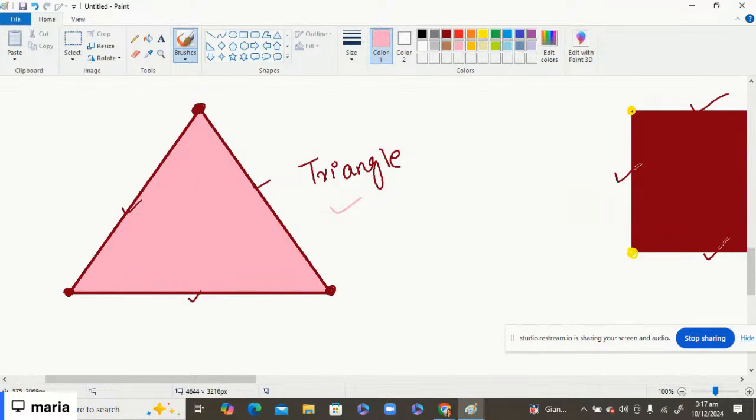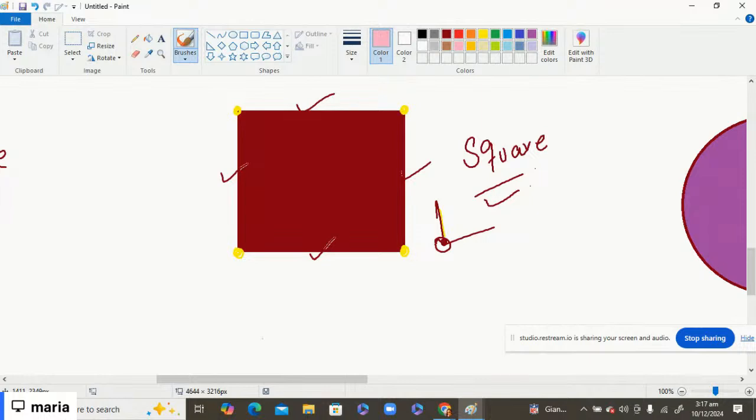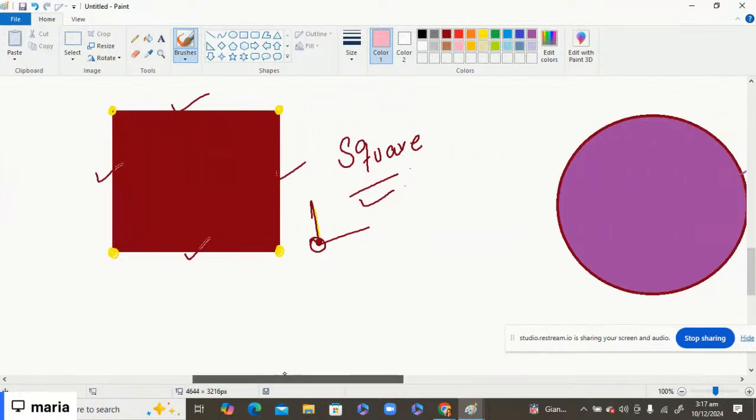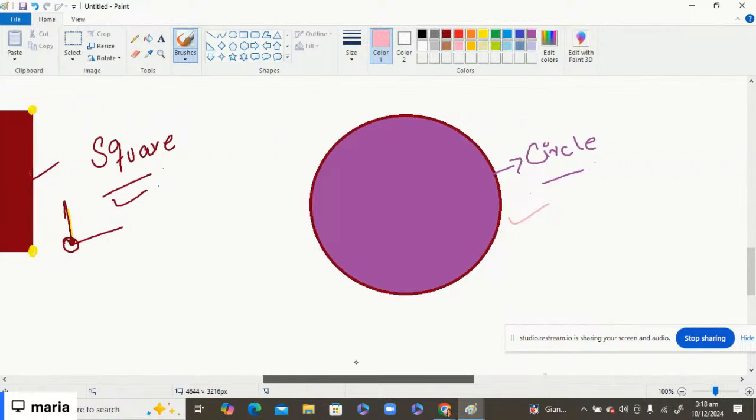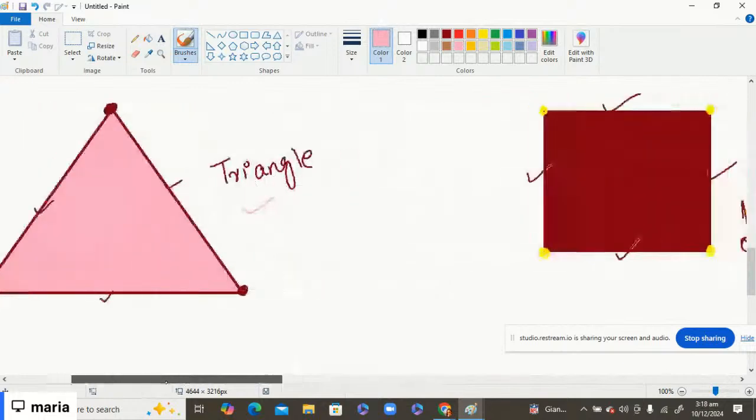Okay, you guys also draw this on your notebooks. So the second one is the square, which have four sides. All right, and the third one is the circle. There are three shapes today we discuss: triangle, square, and circle. Understand?